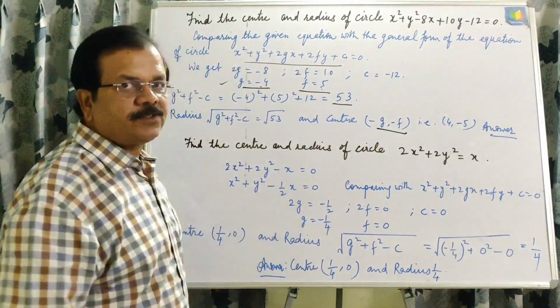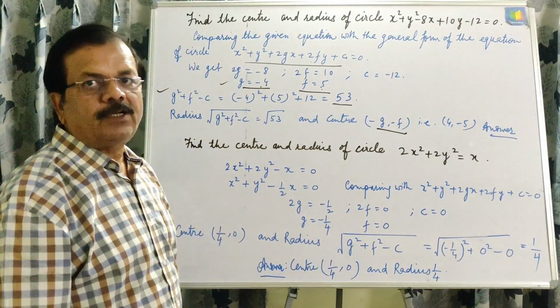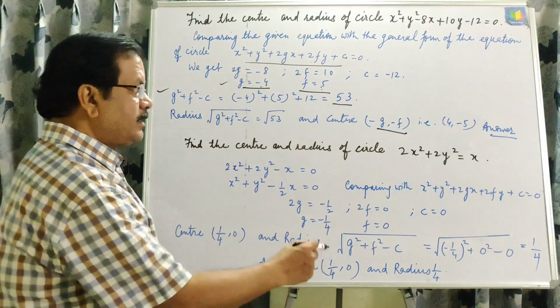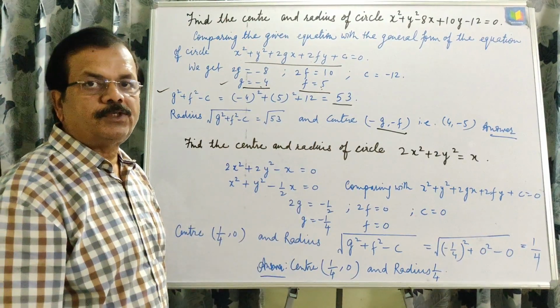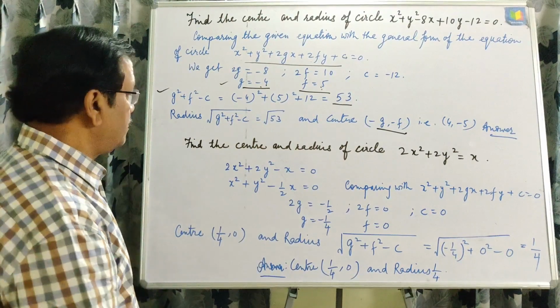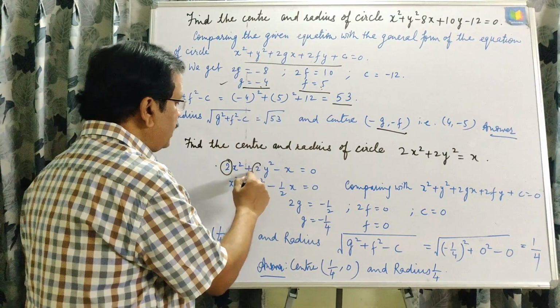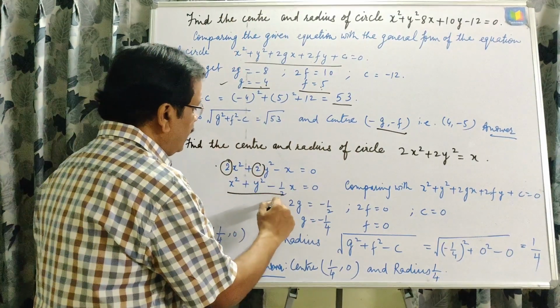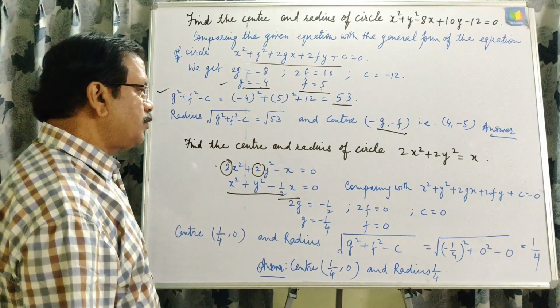In the same way, next question, 2x square plus 2y square is equal to x. In this again we will write in the form x square plus y square plus 2gx plus 2fy plus c is equal to 0. After writing, we divide both sides by 2. We are getting x square plus y square minus x by 2 is equal to 0.